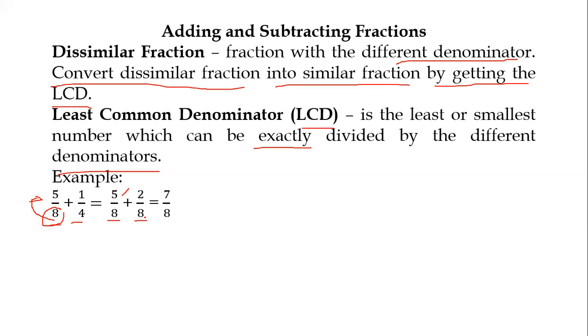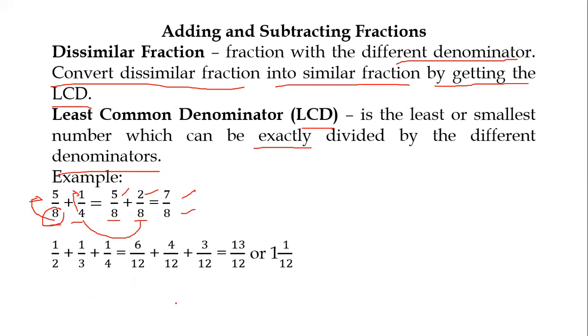Next naman tayo, 8 divide 4, that's 2 times 1 is equal to 2. Alright? And then, pwede na tayong mag-add ng numerator. So, 5 plus 2 is equal to 7, and then copy the denominator. Ganun lang kasimple.